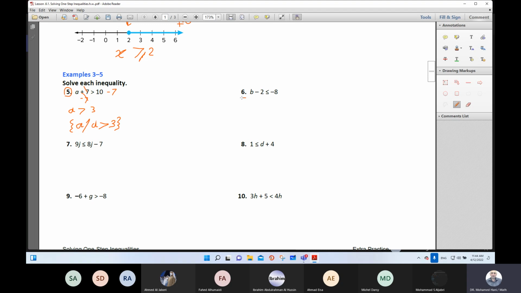Try to solve number 6, please. Then tell me what was your answer.